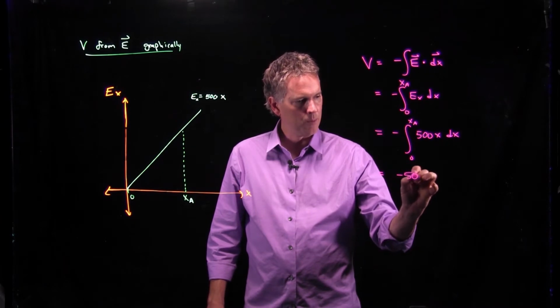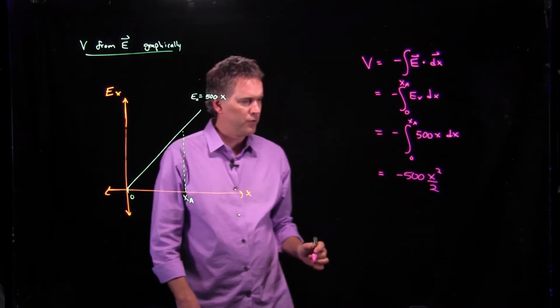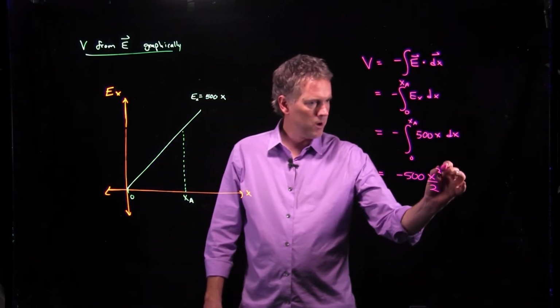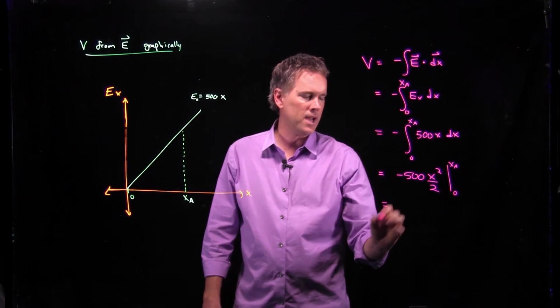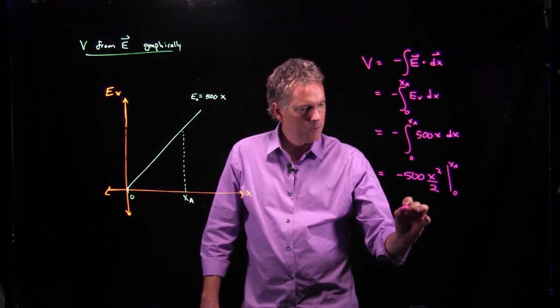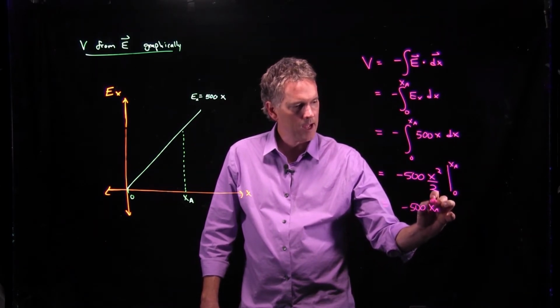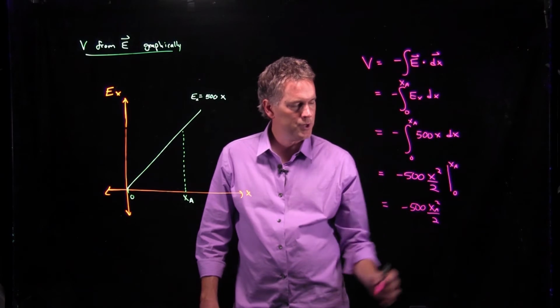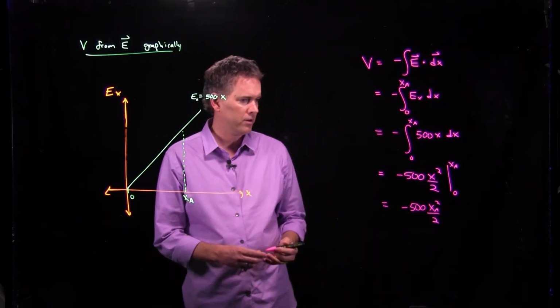And so we end up with negative 500 x squared over 2. Then we have to evaluate this from 0 to xa. Plugging in xa, we get negative 500 xa squared over 2. And when we plug in 0, obviously, we get 0.